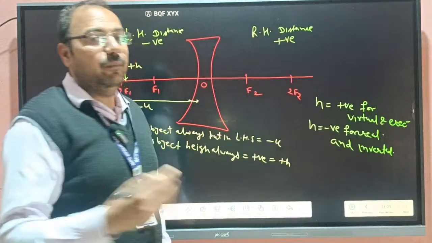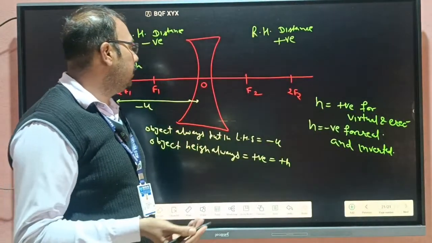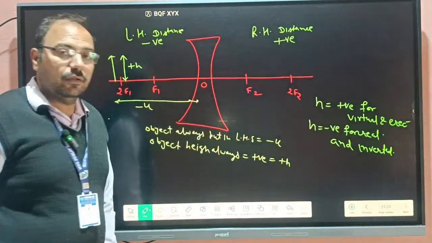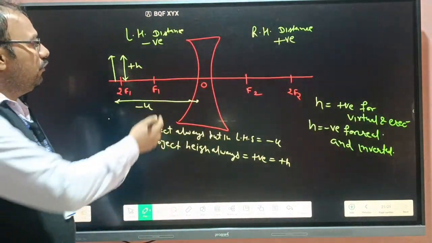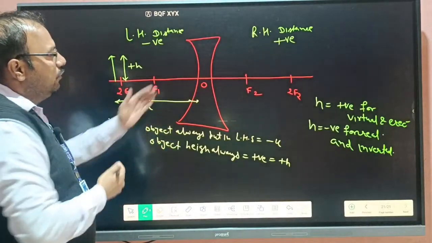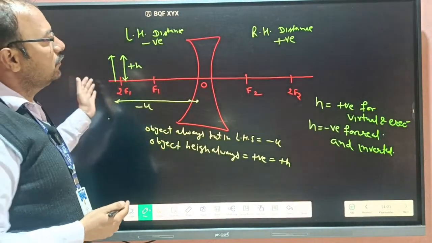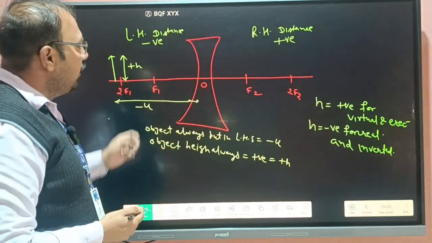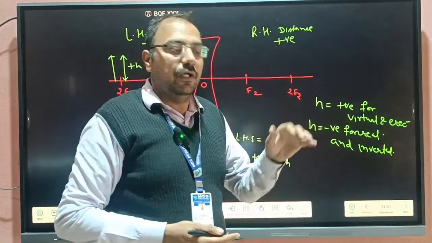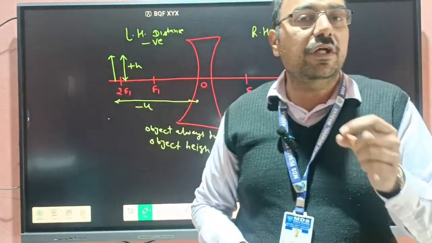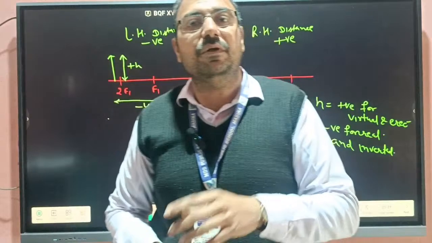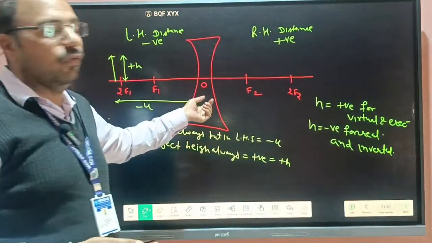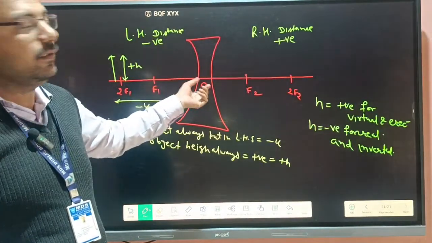And V may be positive or negative depending upon the location of the image. Here V is formed on the left hand side, so in a concave lens V is negative. In the case of a convex lens, in all cases V is positive except the last case, when we put the object between F1 and O and the image formed is virtual and erect.